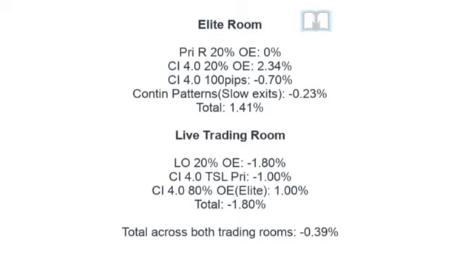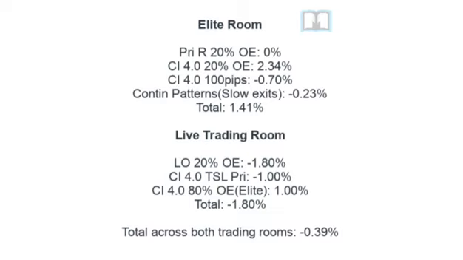And on the live trading room, on the lift-off strategy, we had a loss of minus 1.80%, with a few trades that we have taken on the lift-off strategy this year. With the cash-in strategy, on the primary runners, TSL primary, we had a 1% loss, but on the cash-in 80% open equity strategy, we had an upside of 1% on the trades that we have taken there.